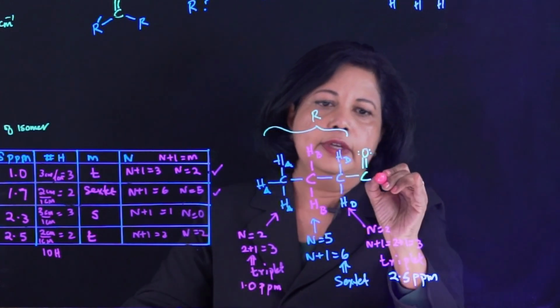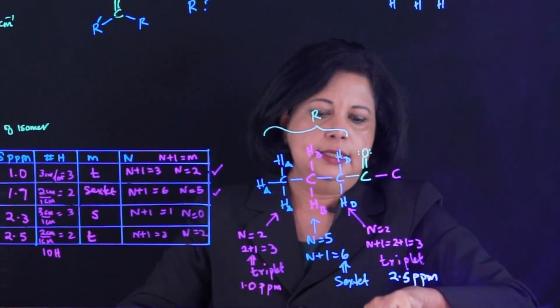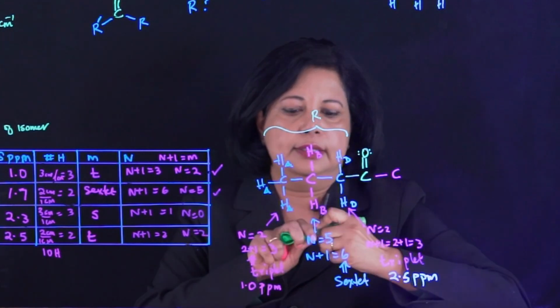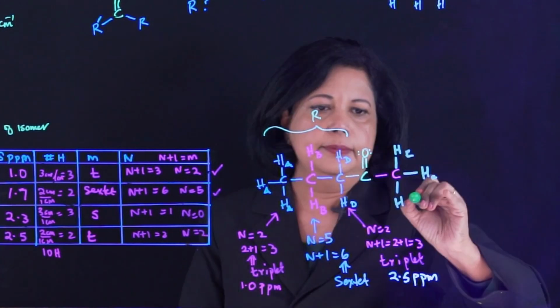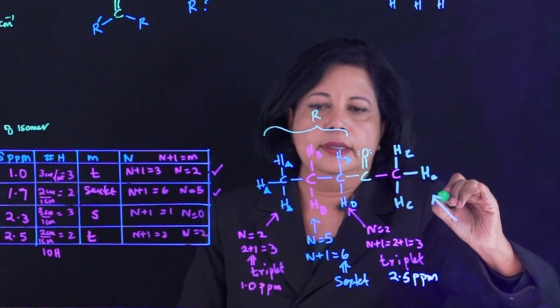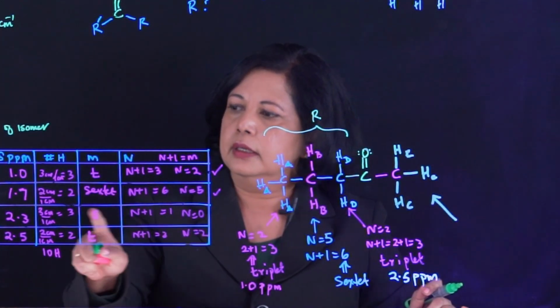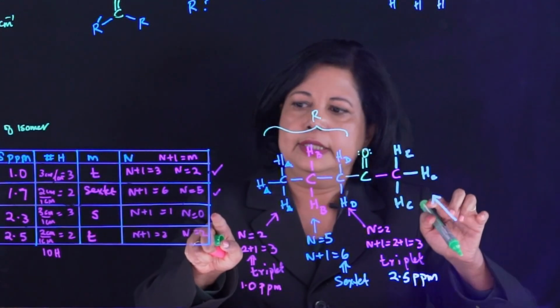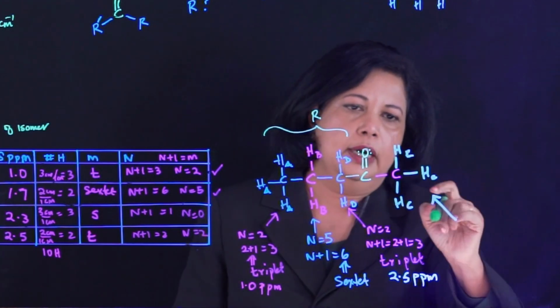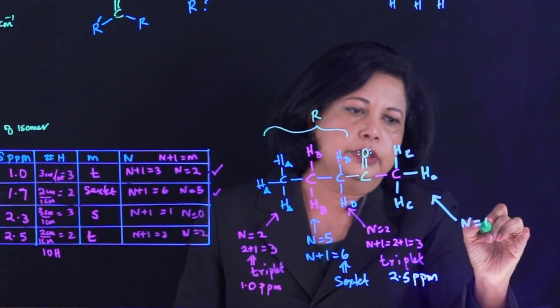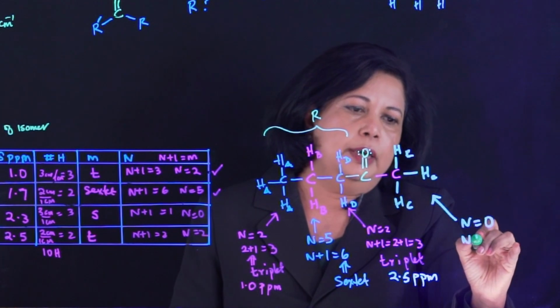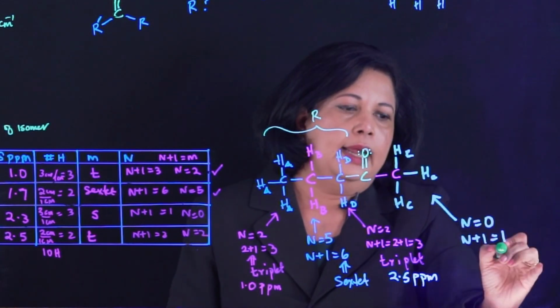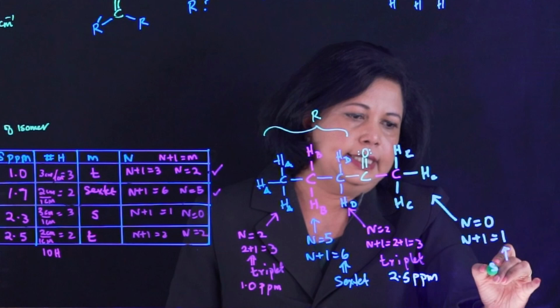You can have a carbon with 3 hydrogens on over here. And does the multiplicity correspond to that? Well, it says no neighboring hydrogens. N is equal to 0. Therefore, N plus 1 is 1. And that means you have a singlet.